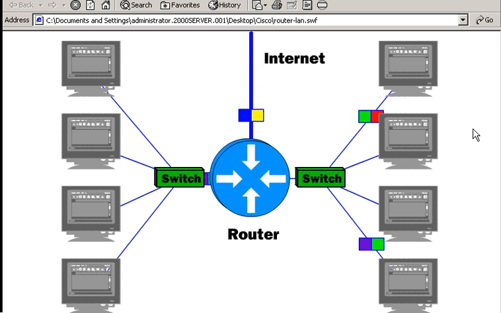Or we can use dynamic routing protocols such as RIP or IGRP. If we use dynamic routing protocols, then the routers will share the information dynamically. As a change is made to one routing table, that routing table will be updated and then sent out over the wire to the other routers that are also configured with the same routing protocol.